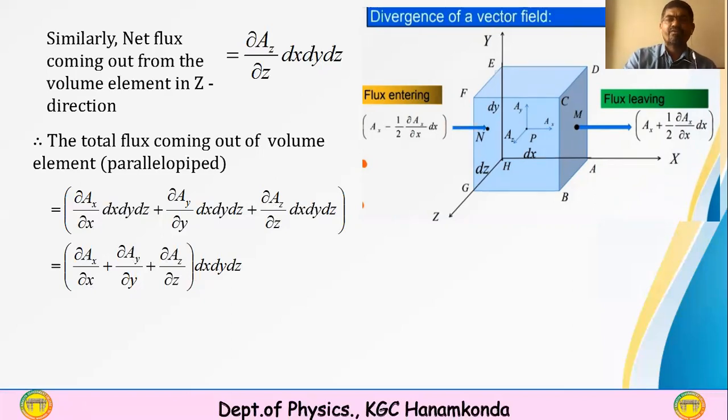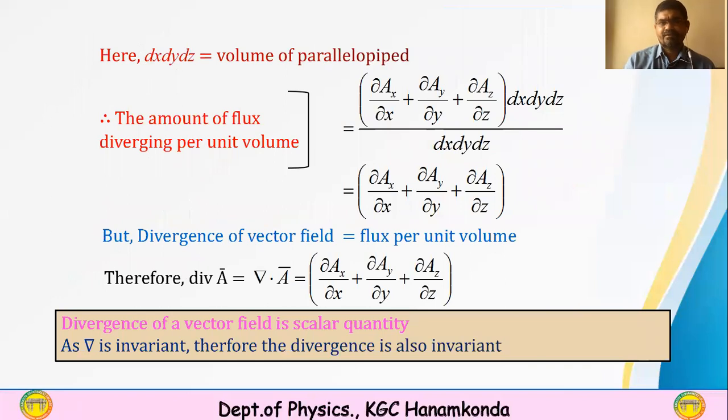Now, we want to calculate the net flux per unit volume. That is nothing but divergence. The volume of the parallelepiped is given by dx dy dz. Therefore, the amount of flux diverging per unit volume is the total flux through the rectangular parallelepiped element divided by the volume element.